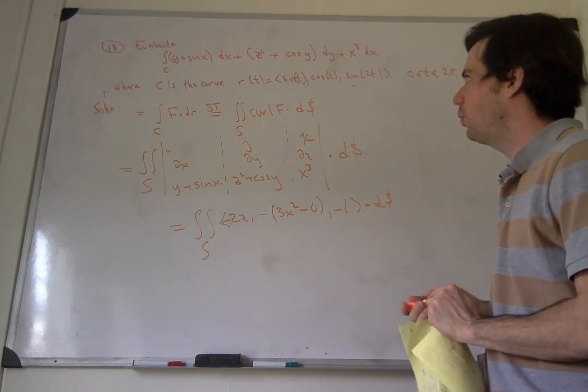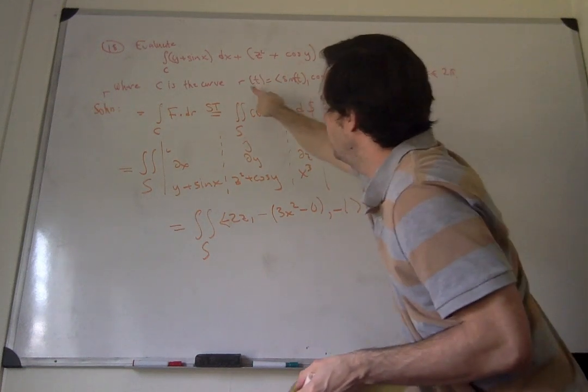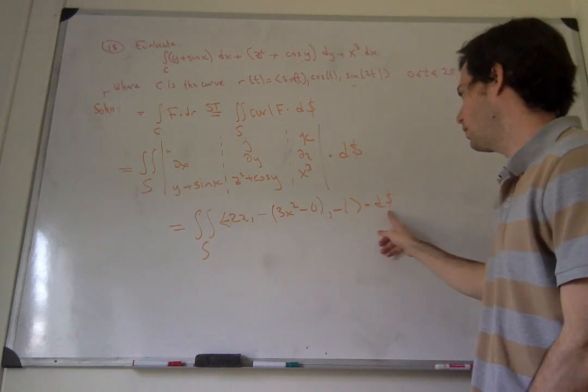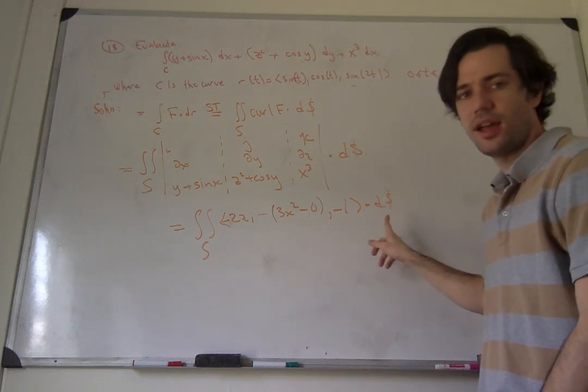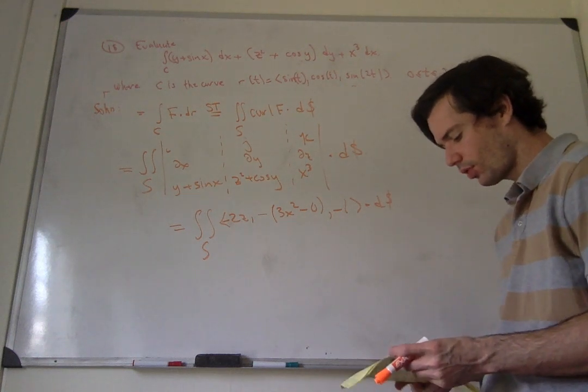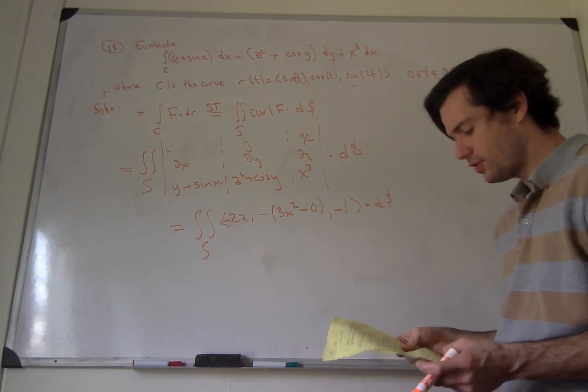I haven't introduced the r of t thing yet. Okay, I like to introduce that when I switch from vector S to regular S. Okay, so let's go ahead and do that.